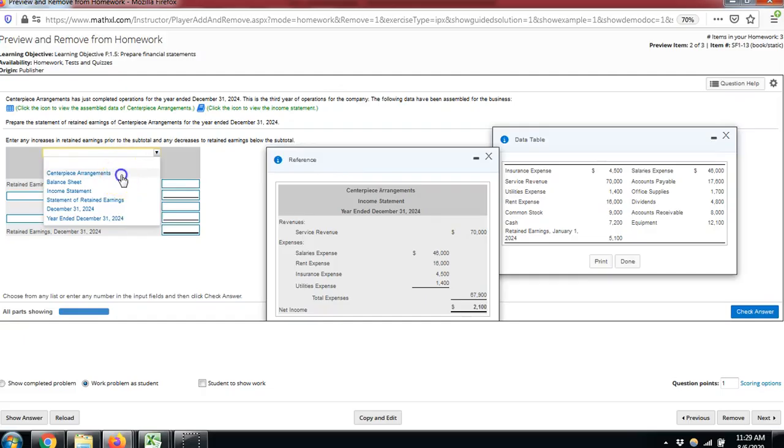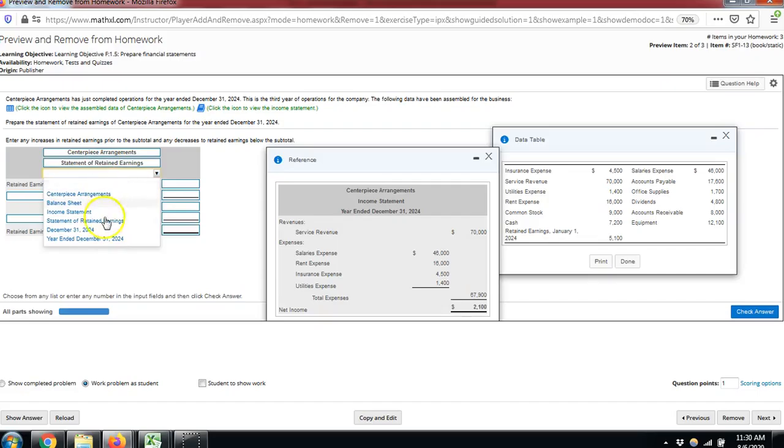We're going to have our business name, the name of the financial statement, statement of retained earnings, and then the period. The statement of retained earnings is another financial statement where we are tracking what happened across a particular period of time. So we're going to have the year ended December 31st, 2024.